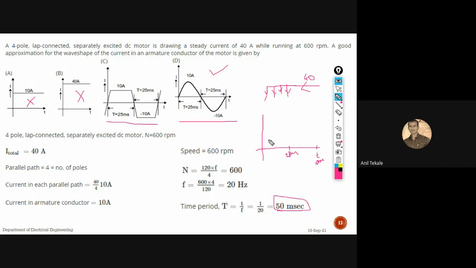Now there is a 10 ampere current. First of all, the current is constant, are you agreed or not? Yes, sir. So we will just consider this as constant. There is a starting time with some little bit of fluctuation like that.